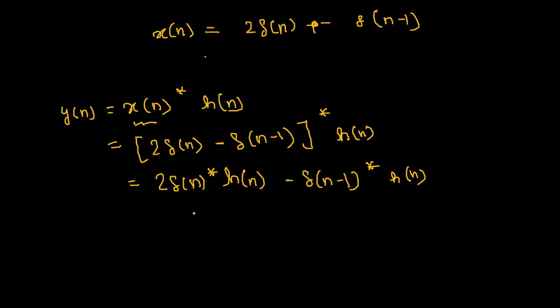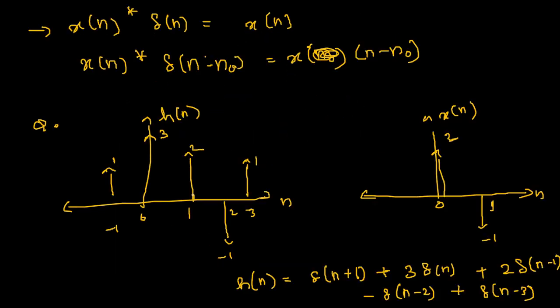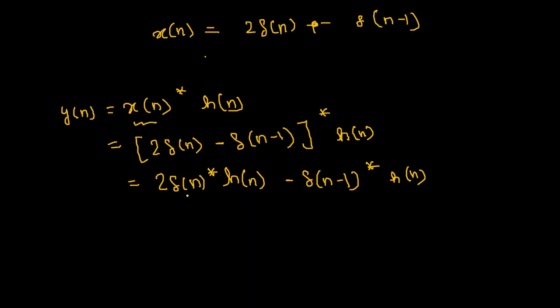From the property that x of n convolved with delta of n gives us x of n itself, the output for this is simply 2 h of n, and the output for this is going to be h of n minus 1. So this is our output.